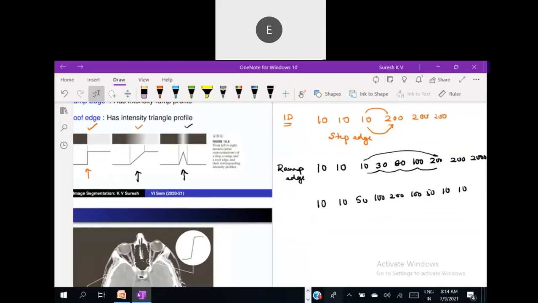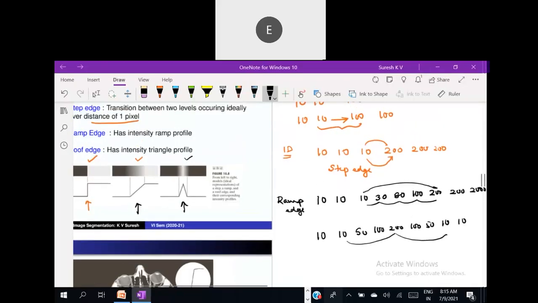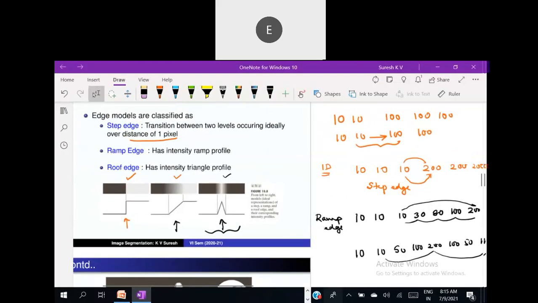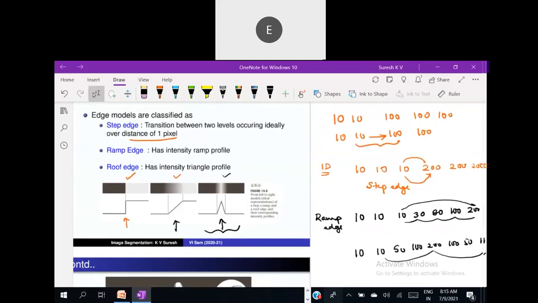So it has increased from 10 to 200 and decreased from 200 to 10. That is what you see here. This is a roof edge. Is this clear? The difference between a step edge, ramp edge, and roof edge, along with examples. Any doubt?